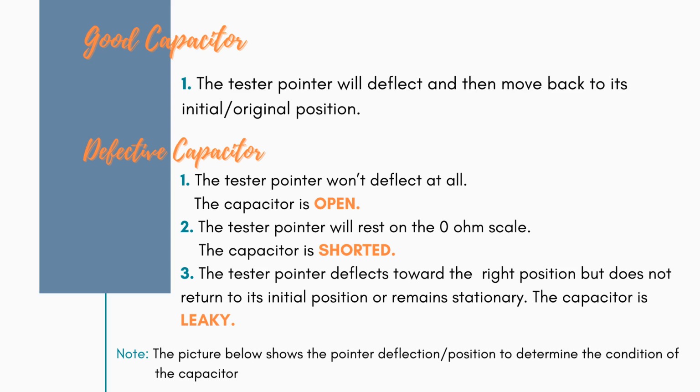The capacitor is shorted. 3. The tester pointer deflects toward the right position but does not return to its initial position or remains stationary. The capacitor is leaky. Note, the picture below shows the pointer deflection position to determine the condition of the capacitor.